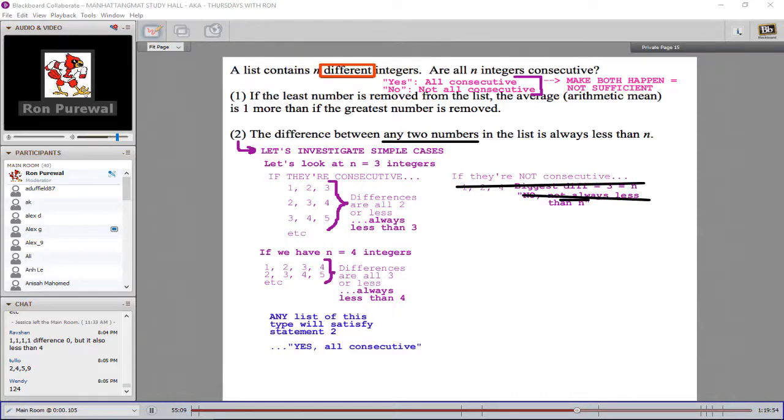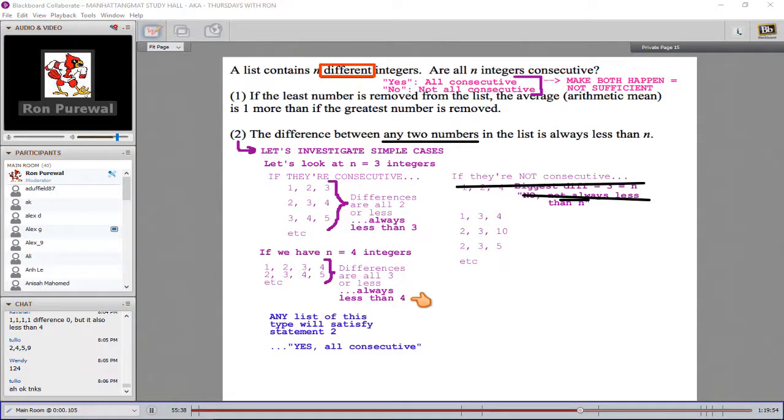If you try to make other lists that do that, you'll run into the same issue, right? If you have like 1, 3, 4, 2, someone wrote like bigger differences, 2, 3, 10, 2, 3, 5, etc. Well, notice that if you have consecutive integers, then your biggest difference is always 2 versus n is 3. Or your biggest difference is always 3 versus n is 4.